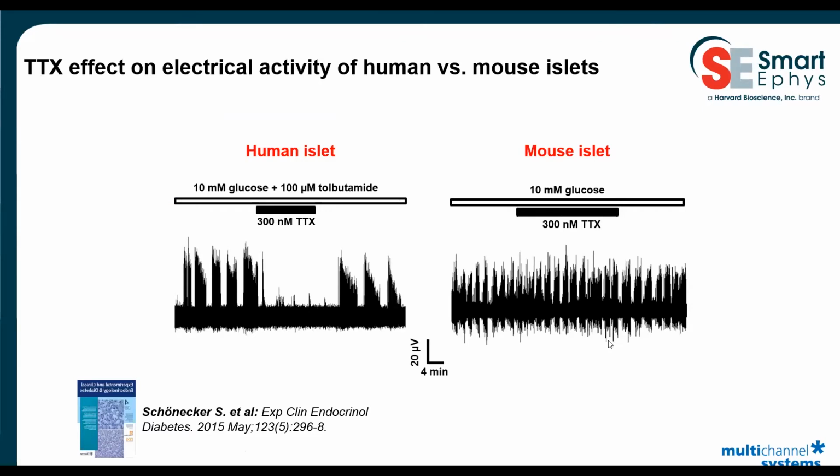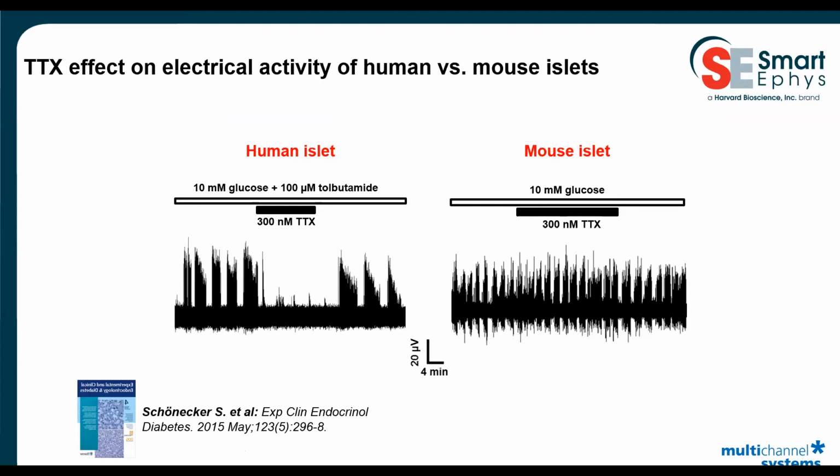I want to show you this slide here because it nicely shows the advantages of the MEA technology. So you can easily compare different species. You can easily compare wild-type mice against knockout mice, for example. I did just two simple recordings here.